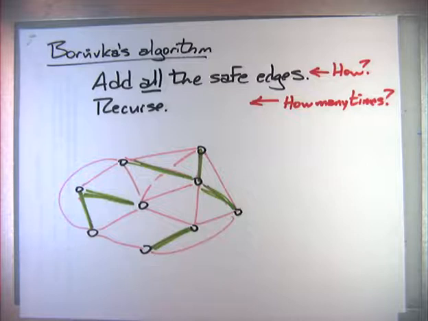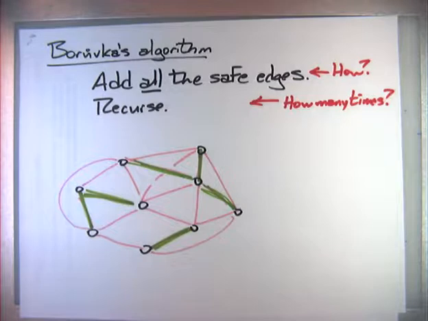Doing the analysis of that particular version of Borůvka's algorithm is a little bit more complicated. It works brilliantly in practice. It will run in the end in linear time. But seeing that it runs in linear time, and in particular seeing why that alpha doesn't come in, is a little bit tricky. So there's something simpler.